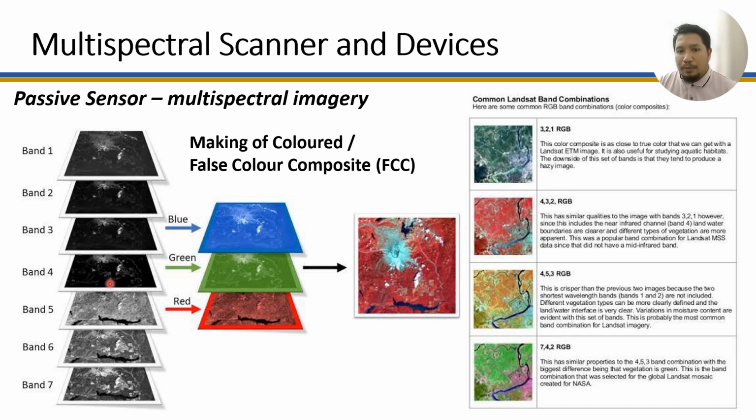We assign band 4 to the blue channel, band 3 to the green channel, and band 2 to the red channel. So it's not the correct channel assignment, and it will produce something like this. And if you use different spectrum bands in different channels, you will also get different colors in the image. So these are examples of false color composite.